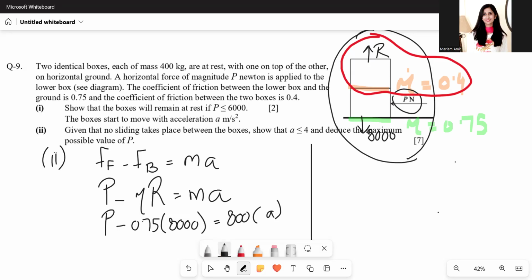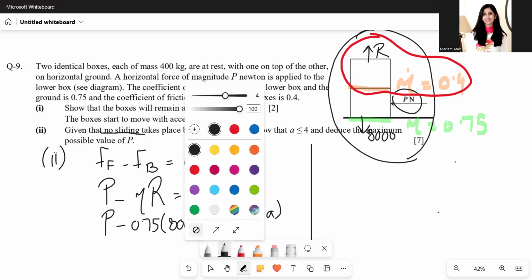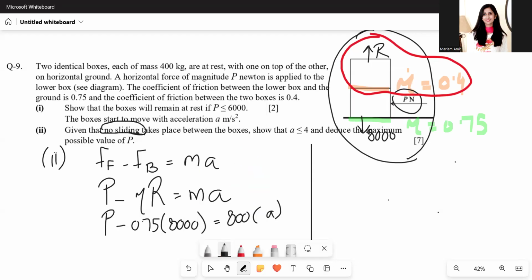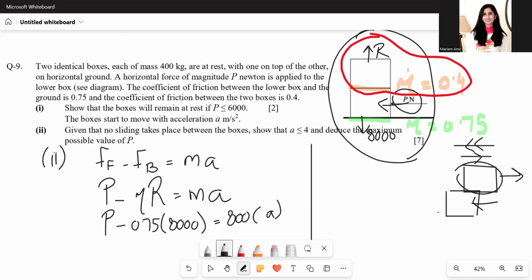Now, although it says that no sliding takes place, that means the two blocks do not detach. If they detach, the movement is in this direction, right? So when you push this lower block, the upper block is moved in the opposite direction if sliding takes place.